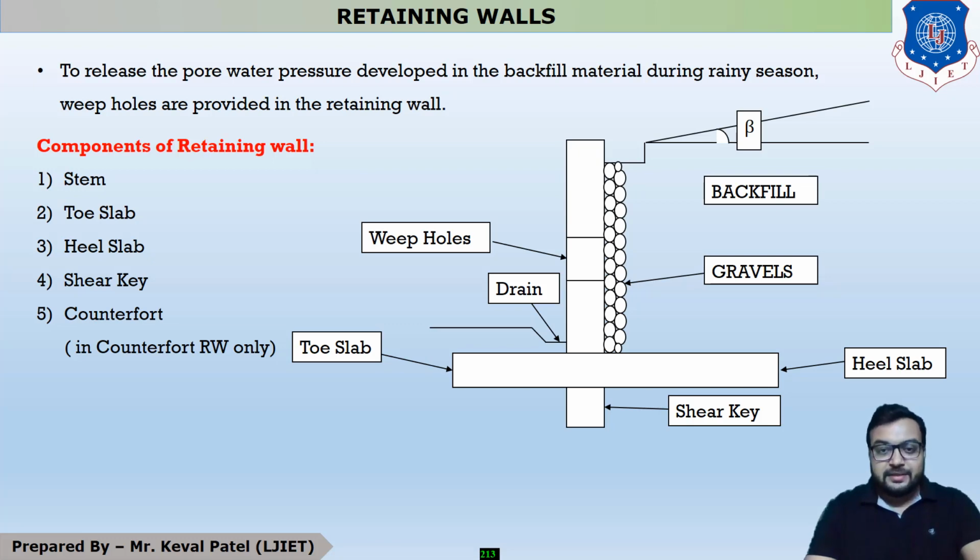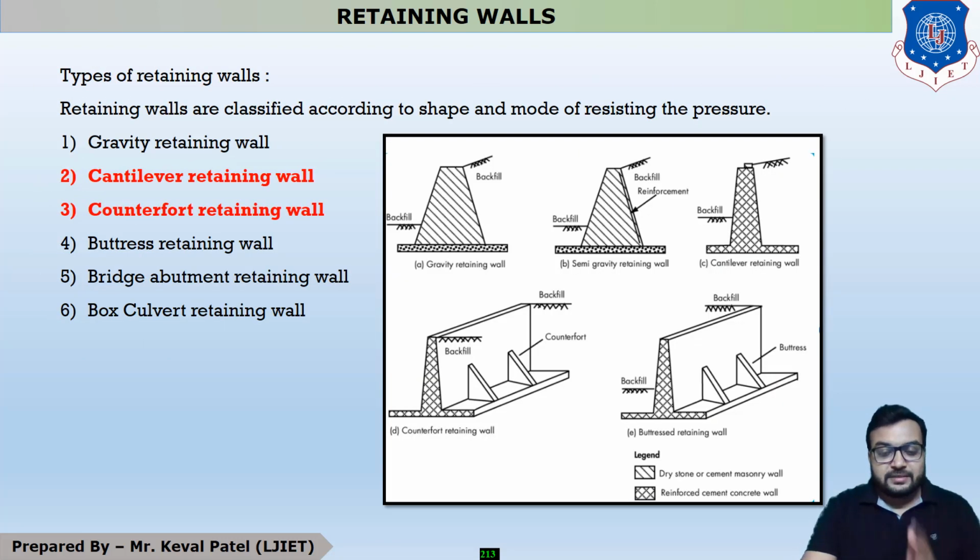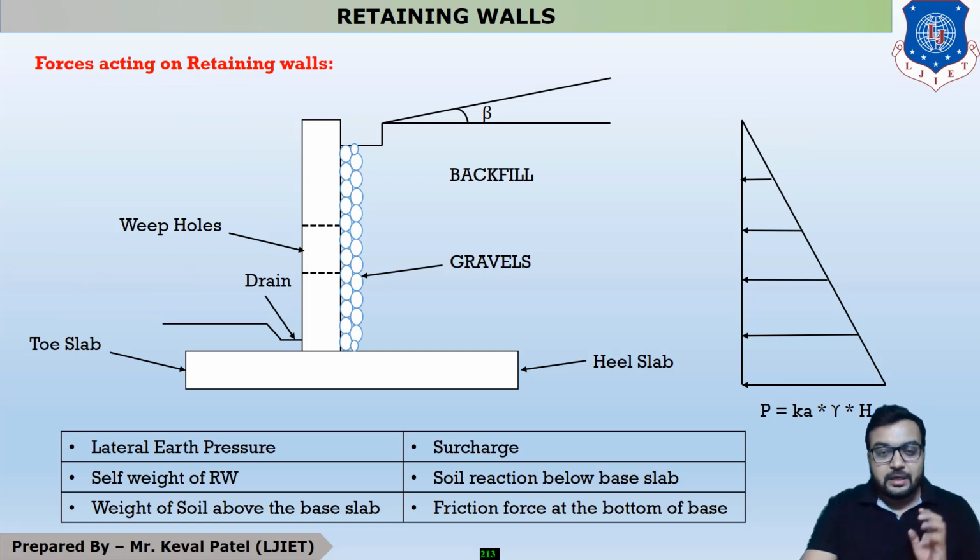Generally, there are 6 types of retaining wall, of which in our syllabus there are 2 types. The first one is cantilever retaining wall and the second one is counterfort retaining wall. After that, we discussed forces acting on retaining wall.